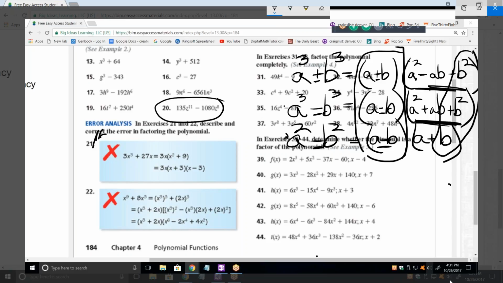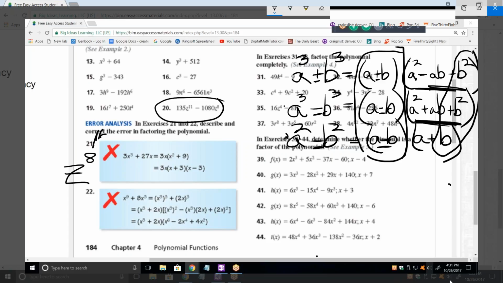Now, because we're looking at a z to the 11th and a z to the 8th, you know you're going to be pulling out a what? In terms of greatest common factor. At least a z to the 8th, right? Question is, is 1080 divisible by 135?